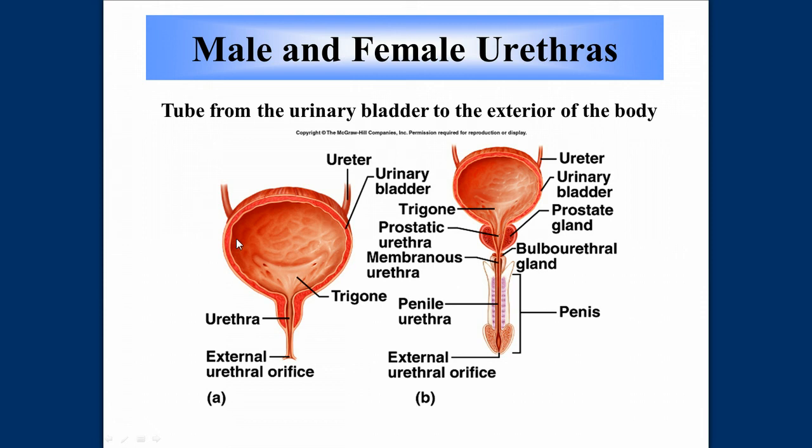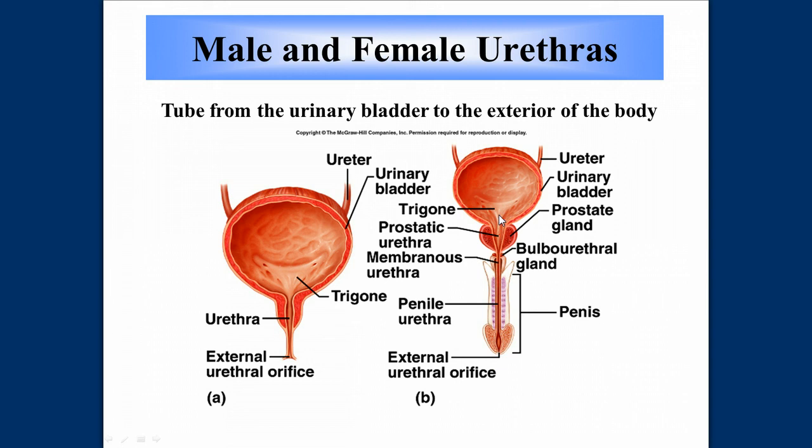So in the female, the distance to the external orifice is very short. For the male, here is the ureter, the trigone, the prostate, and this is the prostatic urethra, the membranous urethra in this area, and then in the penis, it's called the penile urethra.